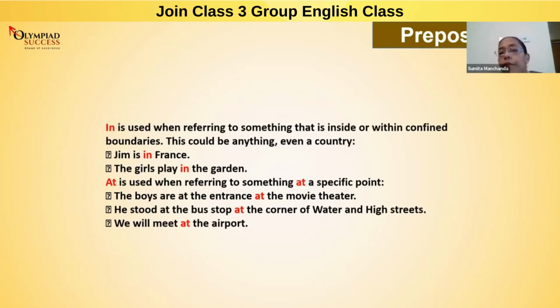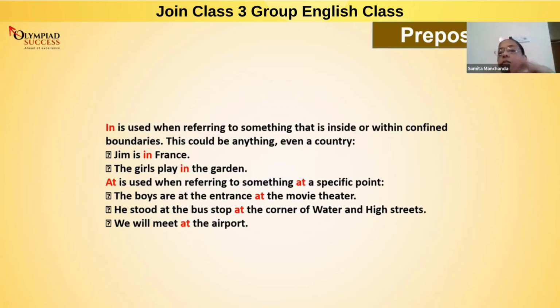Now, when do we use in? In is used when referring to something that is inside or within confined bounds. Sometimes we use the word in, sometimes we use inside. So it refers to anything which is within something. For example, if I say Jim is in France, Jim is within the boundaries of France.